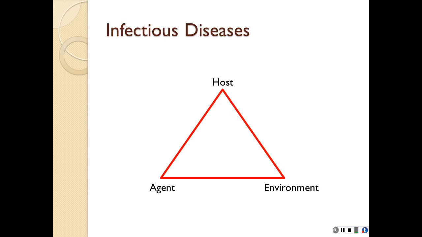But if it's a human, and you're in the right environment, and somebody coughs in your face and spits on you, you're probably going to get it because you have the right agent, the right host, in the right environment. That's a very simplistic view of infectious disease transmission, but in general, you have to have the right interaction between those three things in order to get sick.